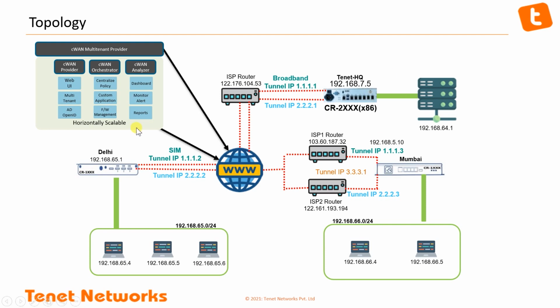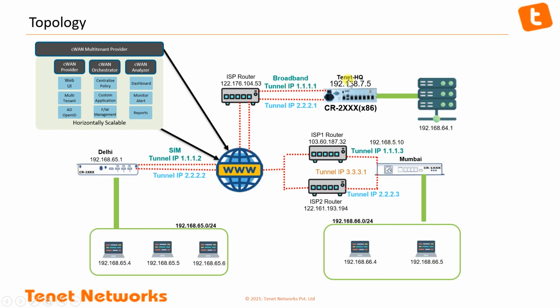So centralized policy helps us do this: from the internet, we have a provider, and that provider has a list of all these devices. So we can make an action which does something like block Facebook, or create a policy, or configure an SSL VPN tunnel, and then we can push it to all these devices at once or to a group of these devices.